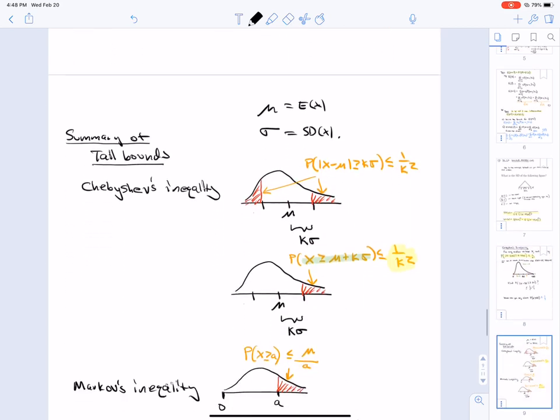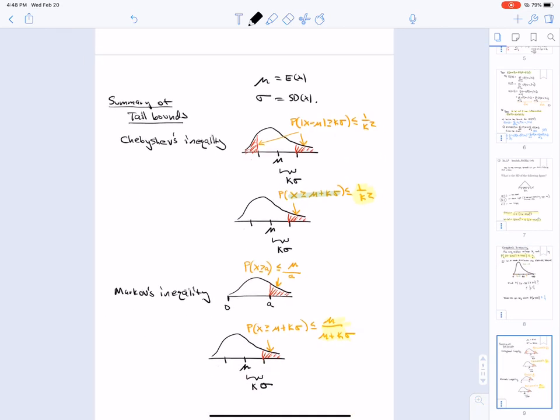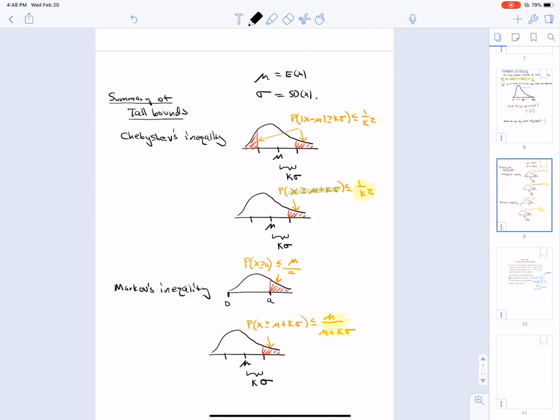So we have Chebyshev's and Markov's inequality. If you have both the mean and the SD, you can compare what you can get from both of these. Chebyshev, of course, gives you an upper bound for being in the tails, being more than k sigma away from mu.